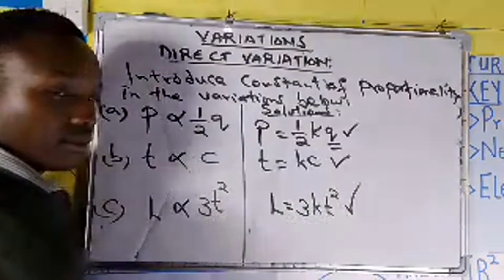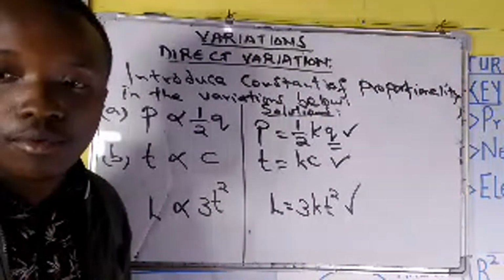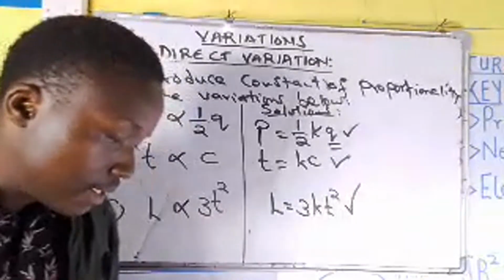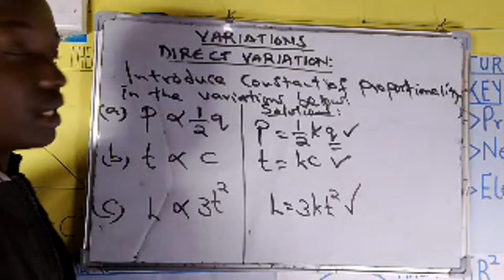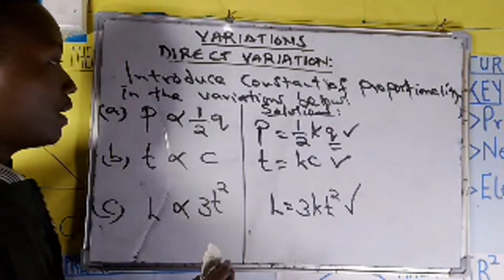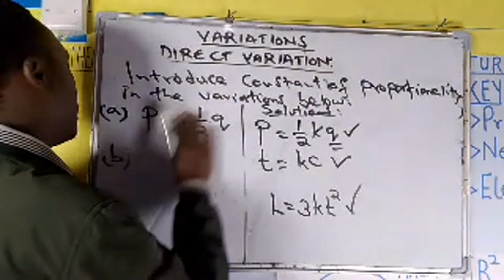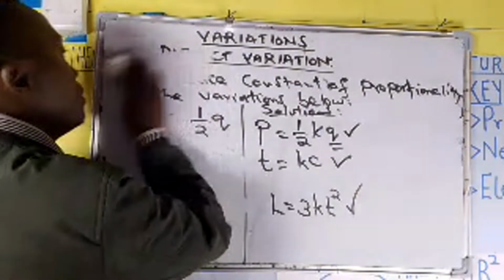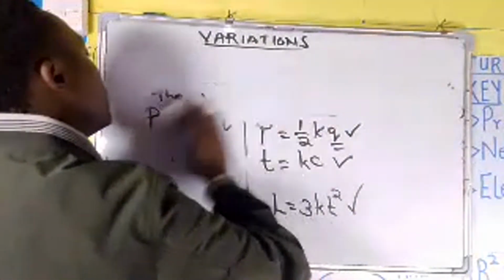And we are done. I've just sent you some questions in WhatsApp on the wall, so that you can attempt those questions on formulae. So this is how we introduce the constant of proportionality.